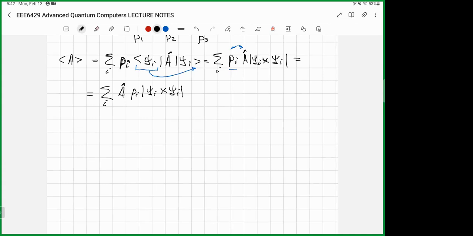So now I see that this is something, I can denote this by another operator. Let's denote it by operator rho. And this is called the density operator.